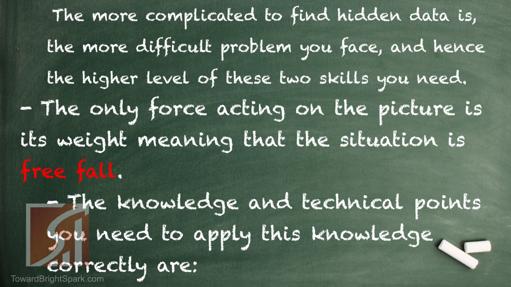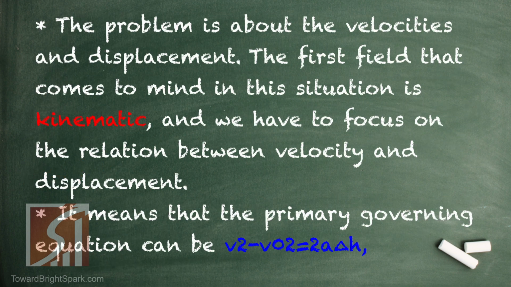The knowledge and technical points you need to apply this knowledge correctly are: the problem is about velocity and displacement, so the first field that comes to mind in this situation is kinematics. And we have to focus on the relation between velocity and displacement to find the field.